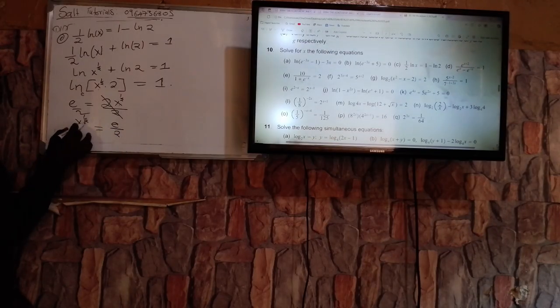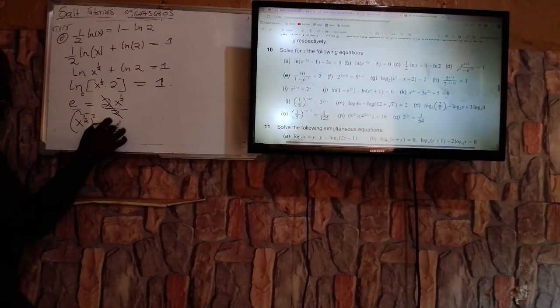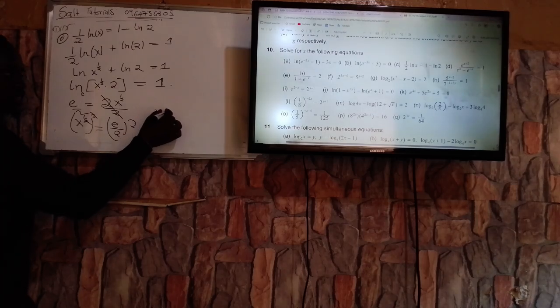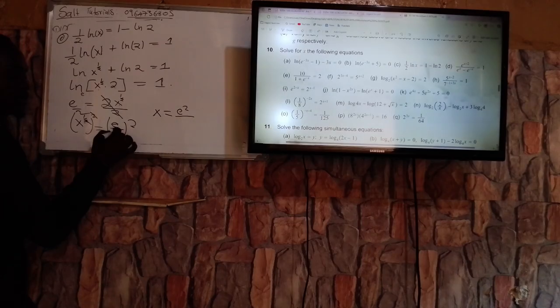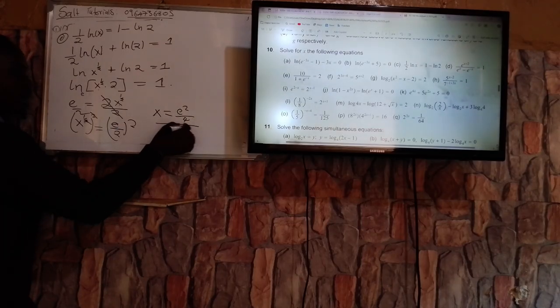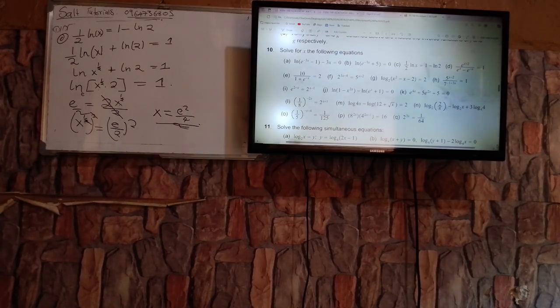How do I get rid of this power? Square both sides, this and this goes, implying that the value of x now becomes e squared over 2 squared, which is 4, as your value of x. If you want, you can simplify it further by punching in what is e squared divided by 4. It's still the same thing.